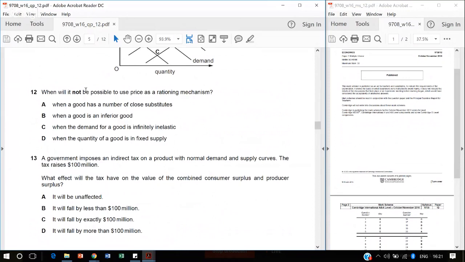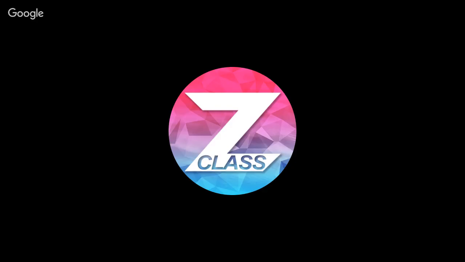Well, this is one of the functions of the price mechanism, right? The rationing. What are the other functions? Do you know what they are? Would it be, I don't know if this still falls under rationing, but resource allocation. Okay, what's that about?